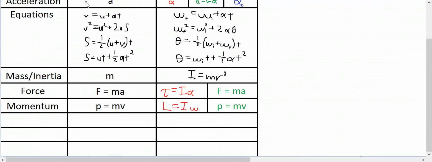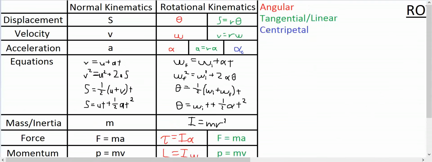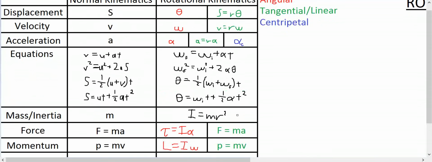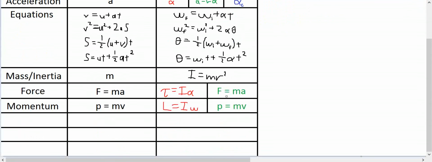Okay, so I've added a few things. Notice first I've added linear to the end of this tangential, and here I've added angular momentum and these things. What's the difference between the red part and the green part?